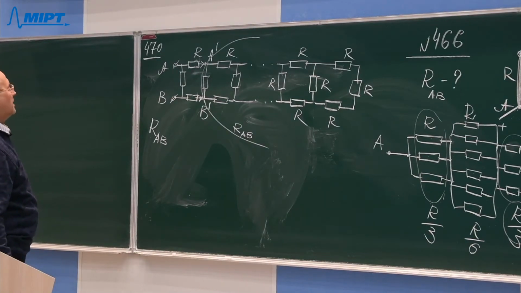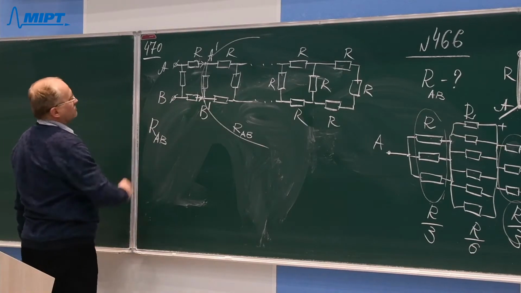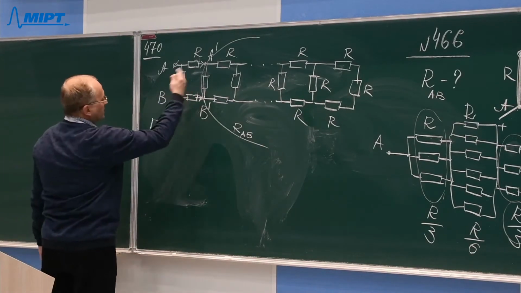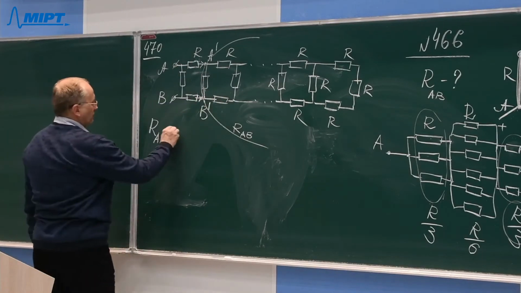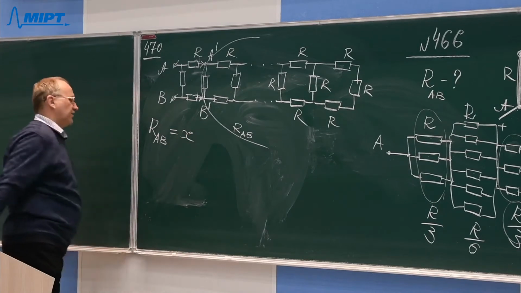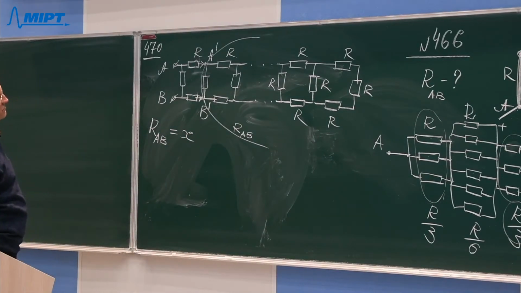And that means that we can calculate this resistance easily just by considering the first cell of this circuit. I will denote this resistance by X because we have to find it. We have to find this unknown quantity.